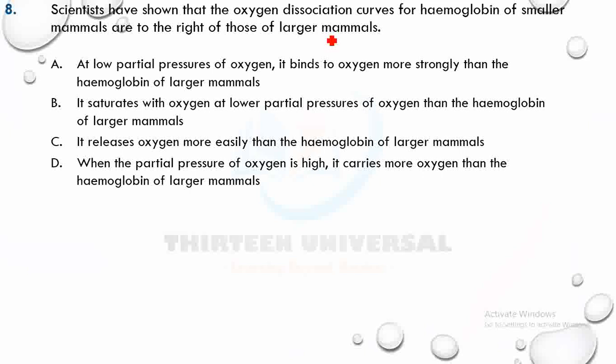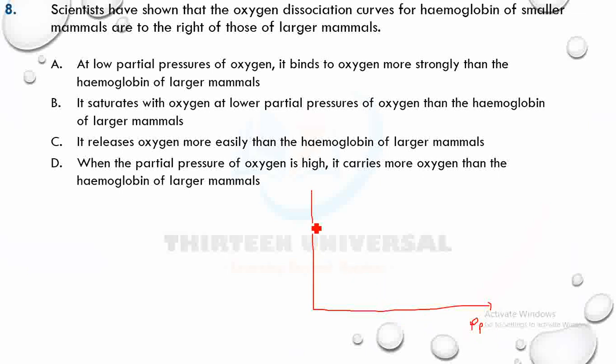Okay, so if you want to paint the picture, now this is the curve. Come with me, let's solve it. Now this is the partial pressure of oxygen, you can call it pp.